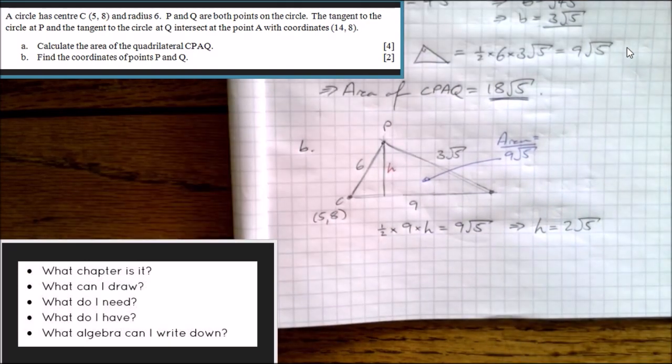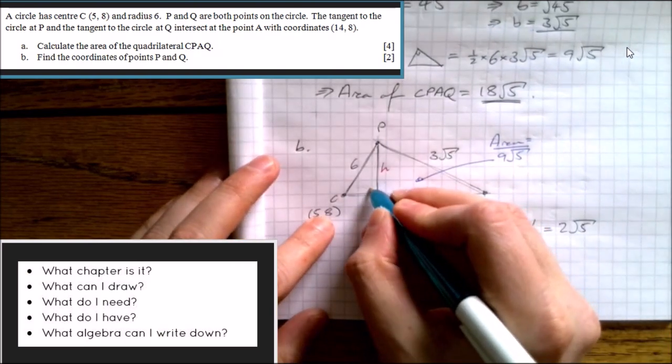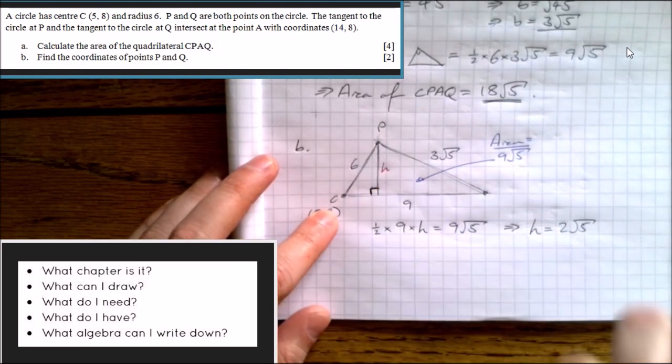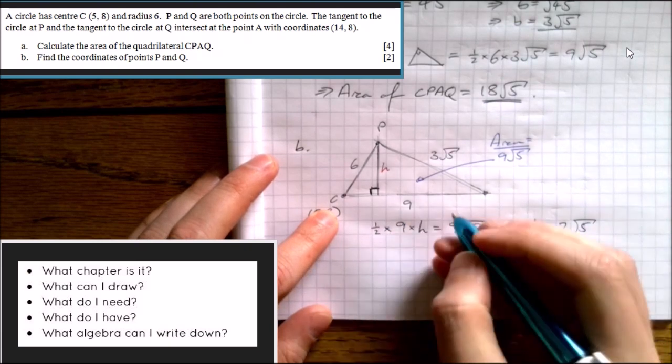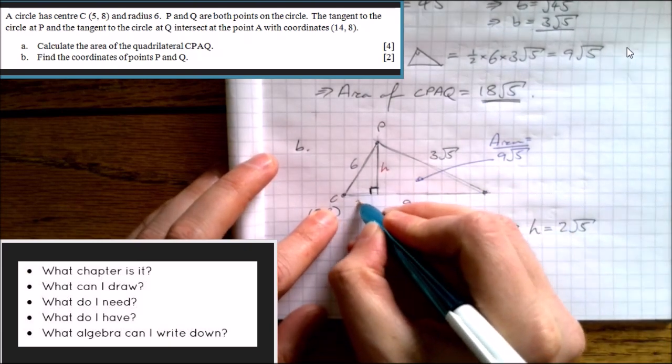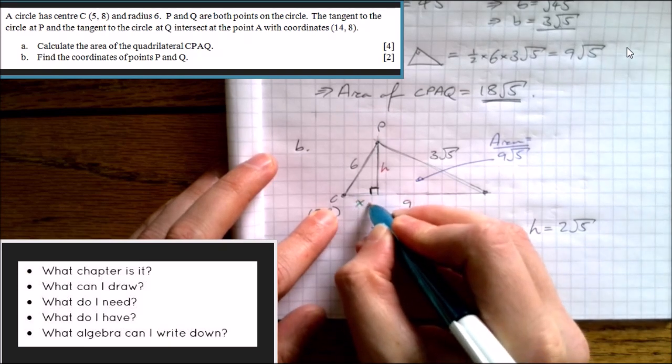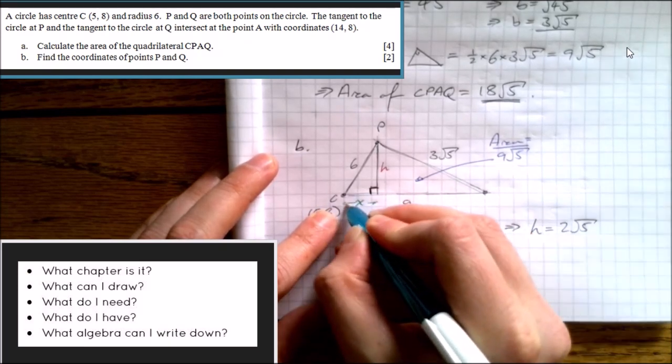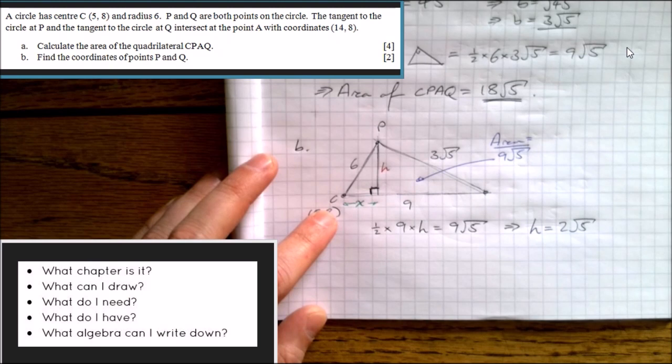Fantastic. And now I reckon I can find this length across as well. Let's call this x. We haven't used x yet. Let's use a bit of Pythagoras.